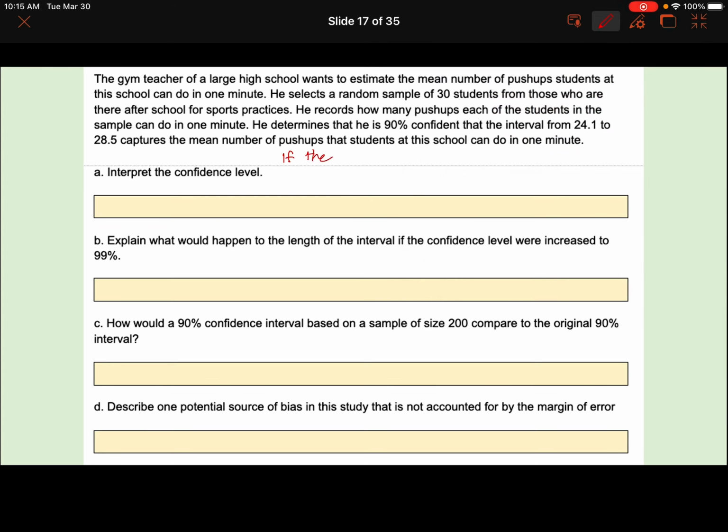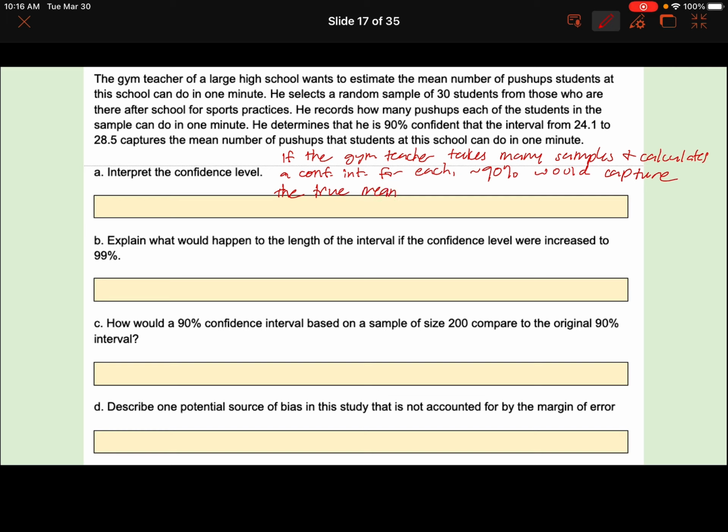If the gym teacher takes many, many samples and calculates a confidence interval for each, about 90% of them would capture the true, and here I'm going to use context, the true mean number of push-ups for students at the school.